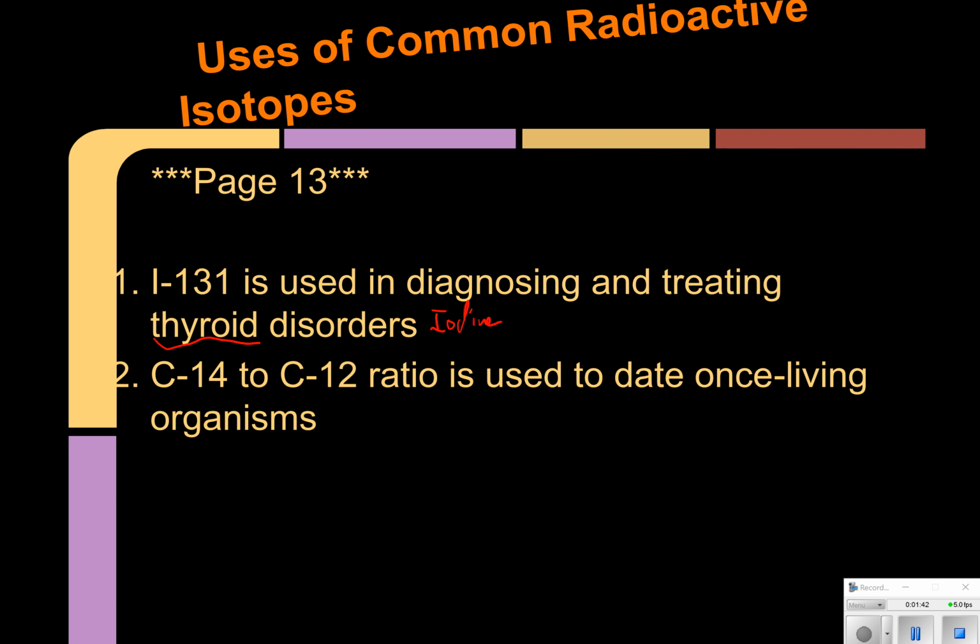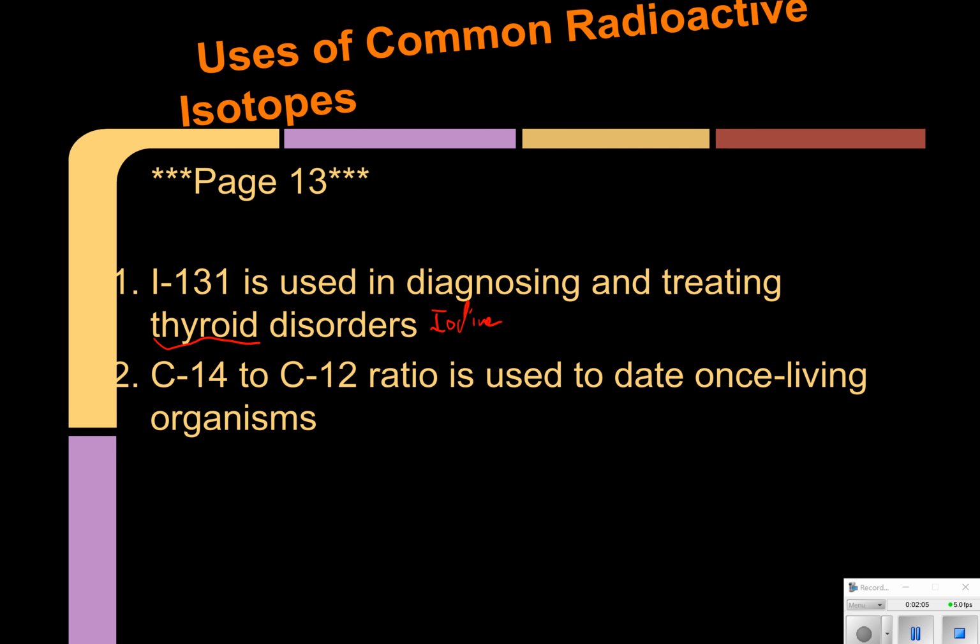The next type is carbon-14. Now carbon-14, along with iodine, is not below our atomic number 83, which is our cutoff line for naturally occurring non-radioactive elements. But that means carbon does have a stable isotope, carbon-12, but it does have others that are radioactive, and one of these is carbon-14.